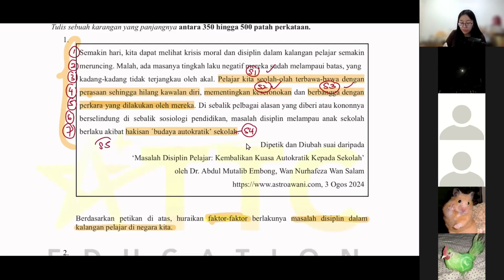But what else? Okay, we put the EC5 here. What else is the reason? What is the reason that causes teenagers nowadays to have discipline problems? Bad influence.